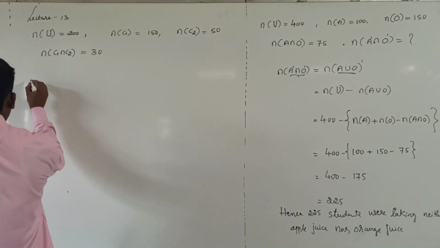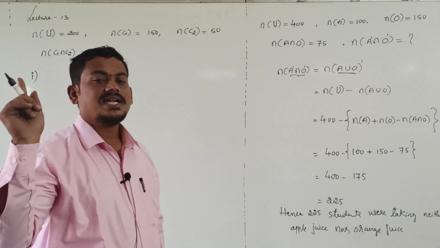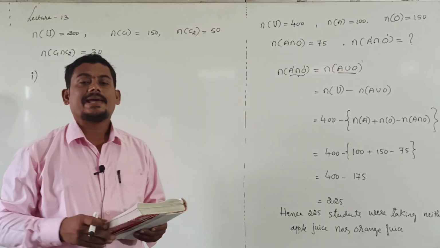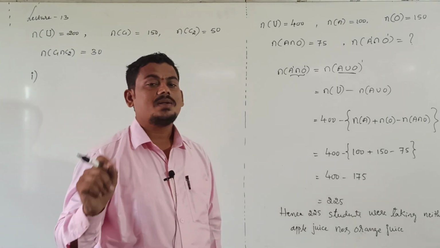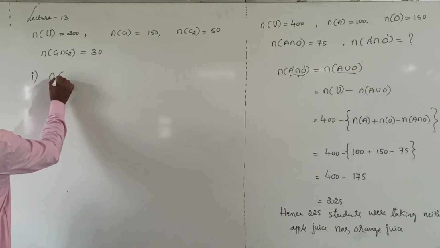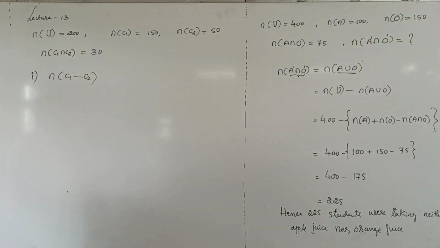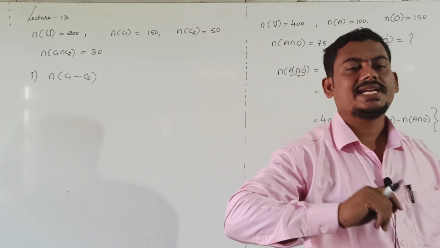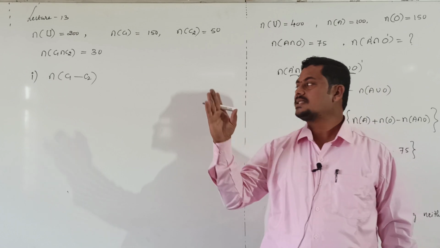Find the number of individuals exposed to chemical C1 but not C2, that is A but not B. C1 but not C2 means C1 minus C2.